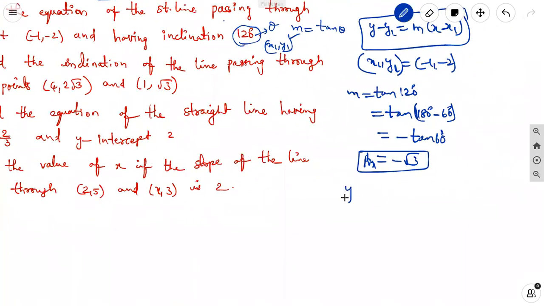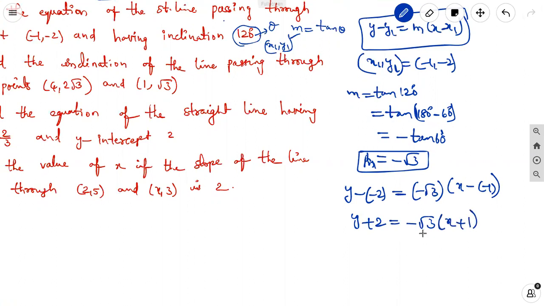What is that? y minus y1 is y plus 2 equal to m is minus root 3, into x minus x1, which is x plus 1. So y plus 2 equal to minus root 3 into x plus 1. y plus 2 equal to minus root 3 x minus root 3.